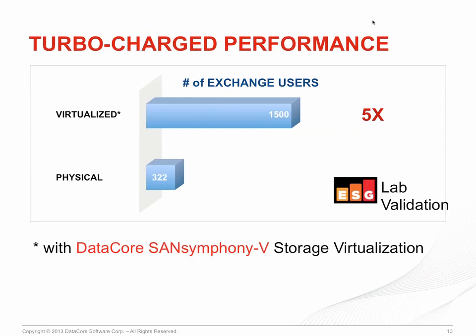So basically, we have the same physical server, but when they got virtual disks powered by DataCore SANsymphony-V, the performance was multiplied by 5. And I will explain in a minute how we do it.